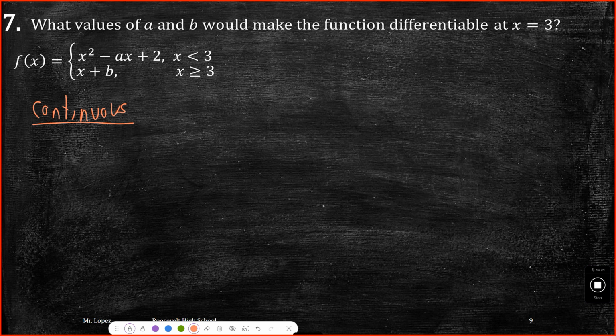Just plug in x equal to 3 for the left-sided limit, and x equal to 3 for the right-sided limit. Let's do it. So x is 3 squared minus a times 3 plus 2 has to equal 3 plus b. That's the first thing, you have to assume that it is true. And you have to assume that it's also differentiable.